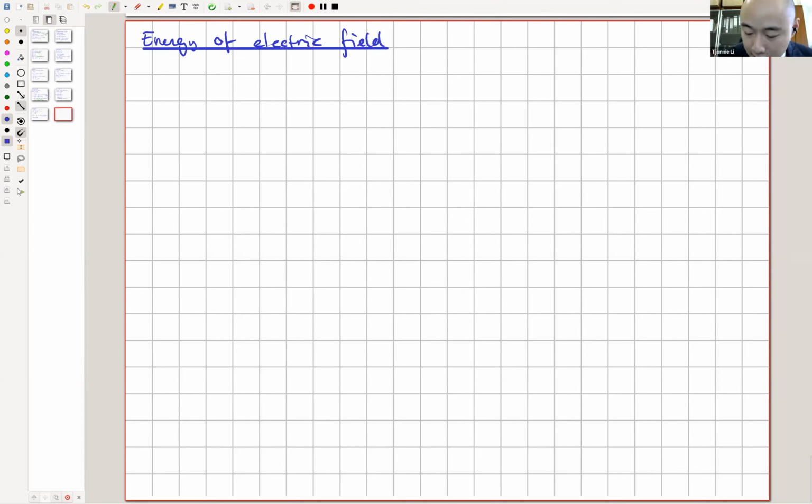So in this case, let's consider what happens if I consider the potential energy associated with a certain charge density. Imagine the following: I've got some particular charge density here. Now, in order to create this, we had to make this system.